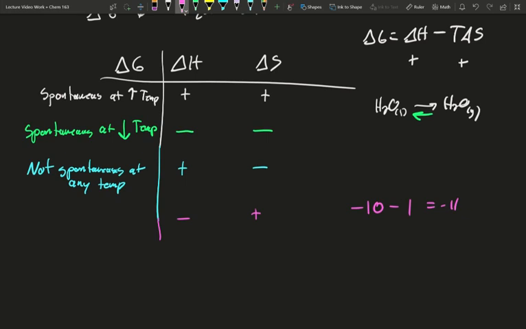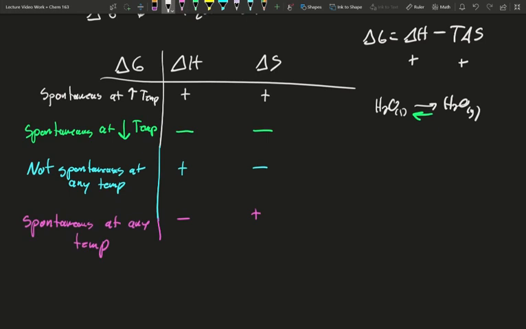Well, times it by a slightly larger temp, it becomes 2, you end up with negative 12. Slightly larger temp, it becomes 3, you get negative 13. Any increase in temp will only subtract a larger positive, making the value even more negative. In the event of an exothermic reaction that creates more entropy, this is always spontaneous at any temp.